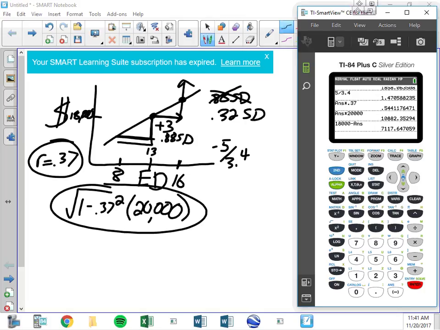Now that's weird. We would expect it to be off by $18,000. What does that tell us about the original graph? It's not football shaped, right? Because I ended up with an SD that's larger than the prediction. Income is never normal.